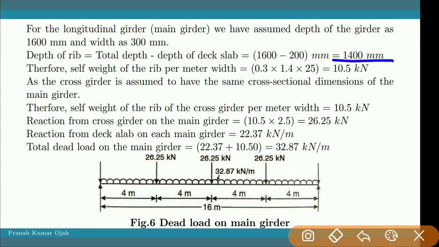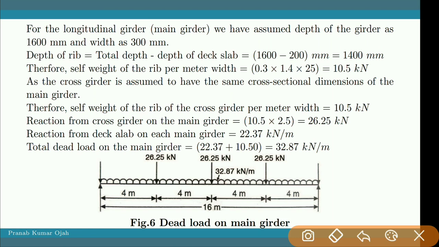So it is the depth of the rib. Therefore the self weight of the rib is the width of the girder times the depth times the unit weight of the concrete. So it comes out as 10.5 kilonewton.